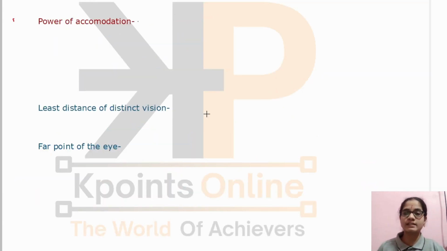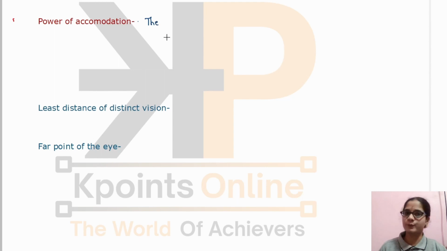Now we are going to understand the power of accommodation of our eyes. What do we mean by this? It is the ability of our eye lens to adjust its focal length so that we can see the near and far objects clearly. And we know that whenever the curvature of this eye lens is changed, there is a change in the focal length. And the ciliary muscles are responsible for changing the curvature of this eye lens so that the eye lens can adjust its focal length.